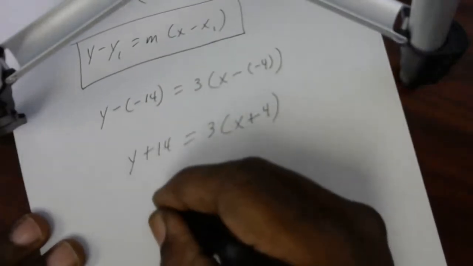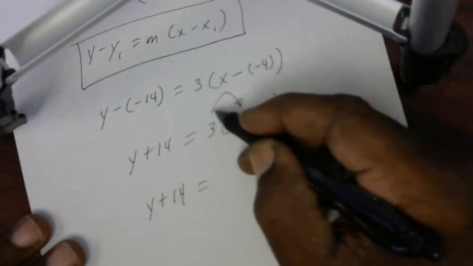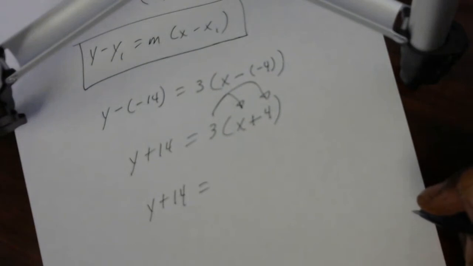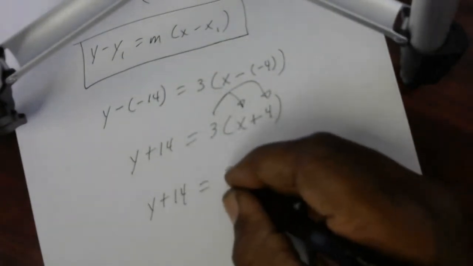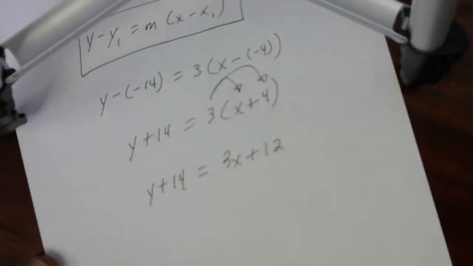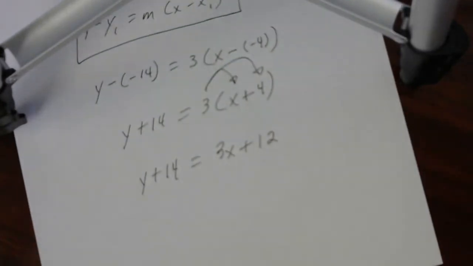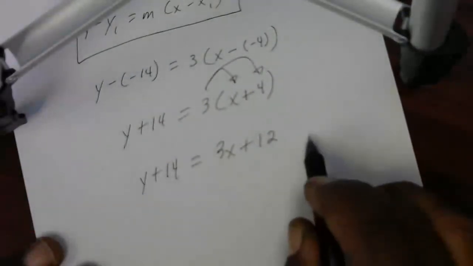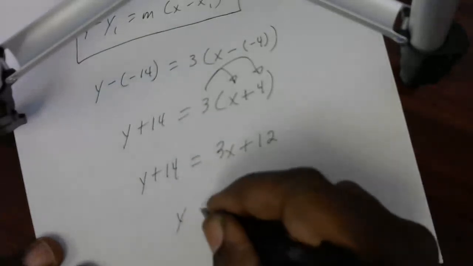All right, so now I'm going to bring down my left-hand side. And on the right-hand side, we're going to distribute. All right, so 3 times x is 3x. 3 times 4 is 12. Now we're going to solve it for y, so we're going to subtract 14 from both sides.